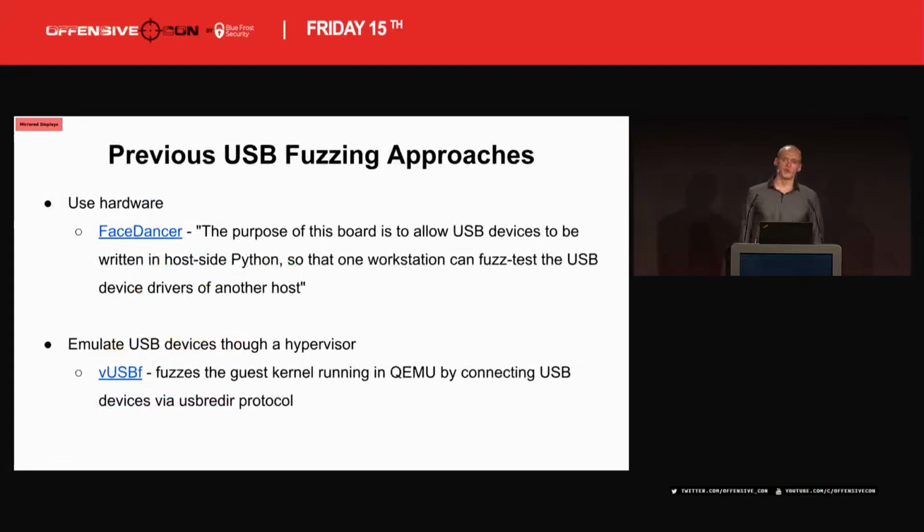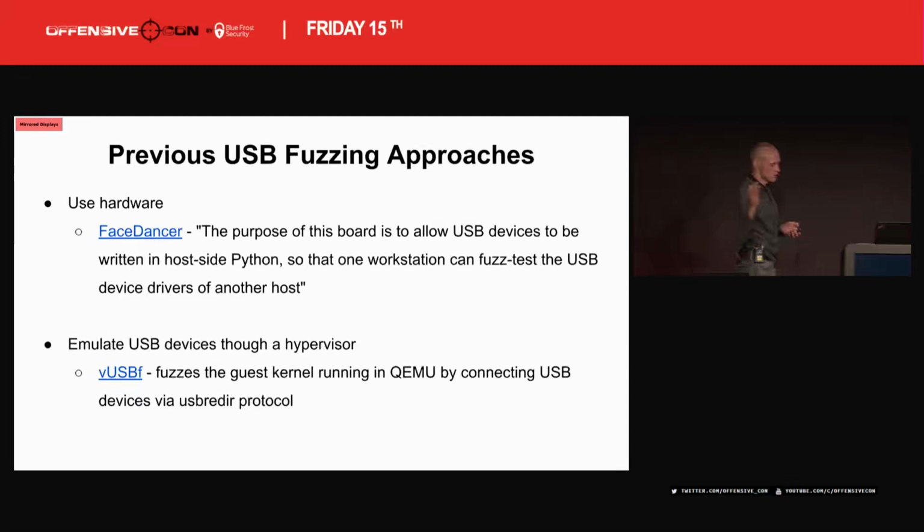Okay, what were the previous approaches to fuzzing this stuff? I mean, there are two ideas from before. The first one is to just use some hardware. There is this thing called Facedancer. I have one of the older boards right here.